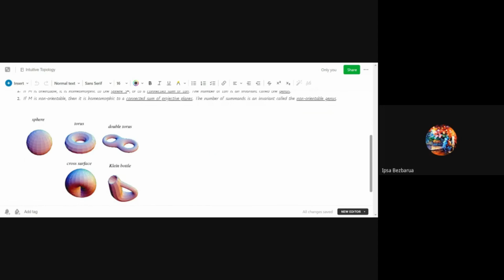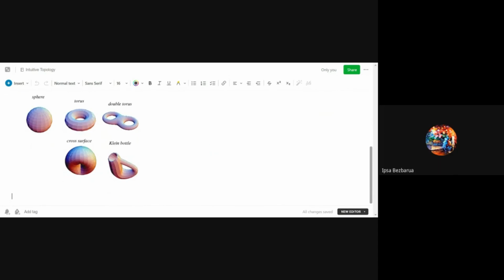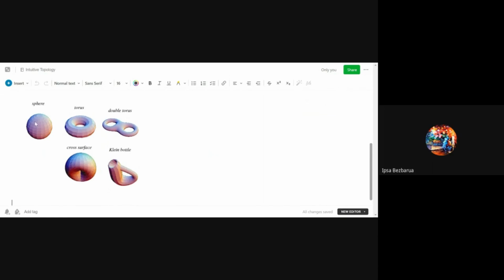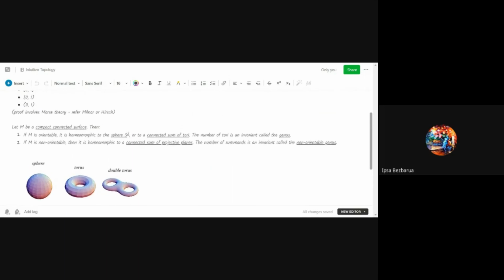So the ramification of this classification theorem is that if I can study all possible properties of the sphere, the torus, connected sum of tori, and the projective plane, I can completely understand any compact connected surface.